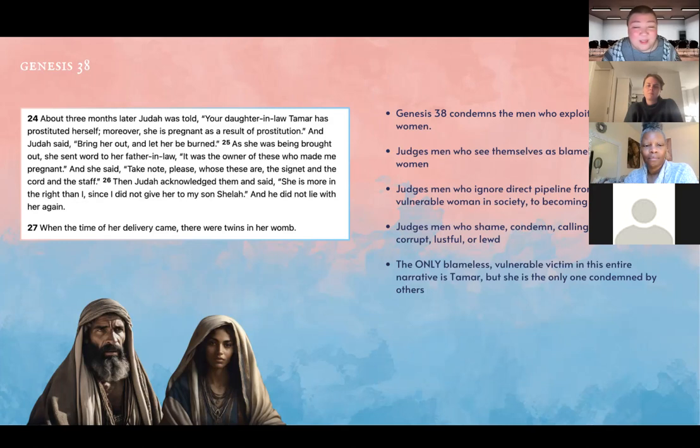And yet the only person who is blameless and a vulnerable victim in this entire narrative is Tamar. But she is the only one condemned by the people around her.